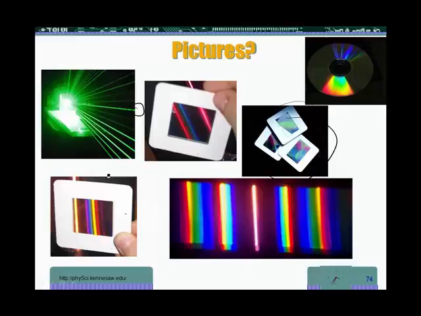A commonly available grating to all of us is a CD or a DVD, since the way CDs work is by having small notches in the plastic. That's the way we listen to music, so it's a piece of plastic with multiple holes in it. The holes are going to count as 0 or 1 depending on whether they exist.